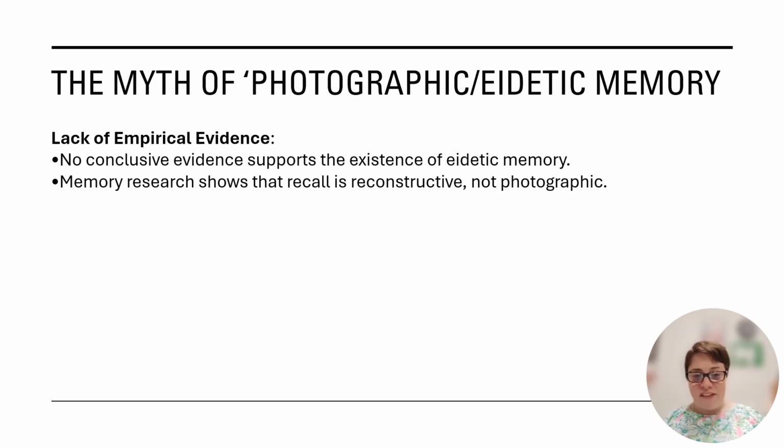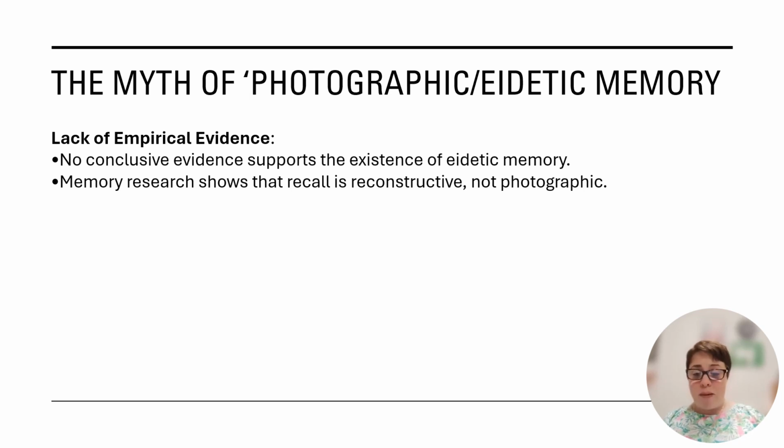The other reason why we call this into question is that memory research shows that recall is inherently reconstructive rather than being photographic, right? So human memory is inherently reconstructive, not reproductive. And this means that our brains do not store and retrieve memories like a camera or a video recorder.